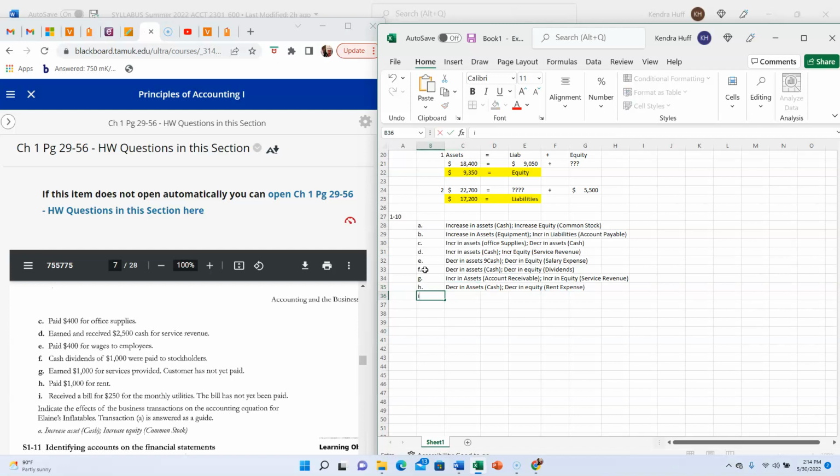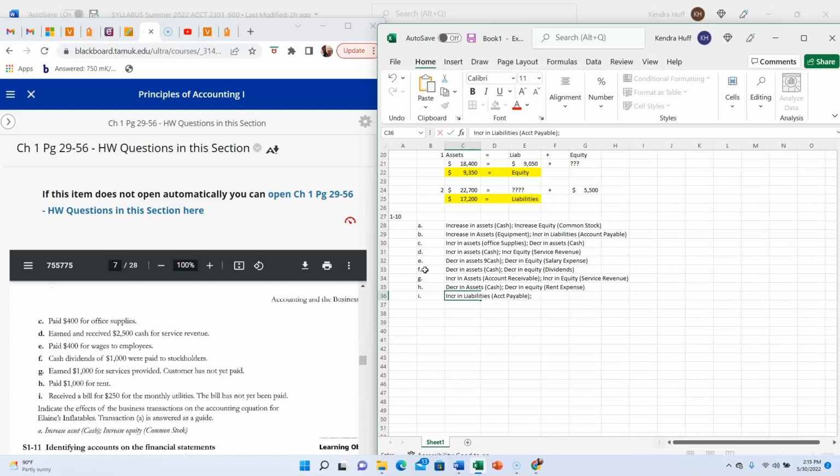And then I received a bill for $250 for the monthly utilities. The bill has not yet been paid. So nothing's happening to assets yet because I haven't paid anything, but I still owe some money. So that's an increase in liabilities, and it's an accounts payable. Because I owe somebody, they have the right to receive payment from me.